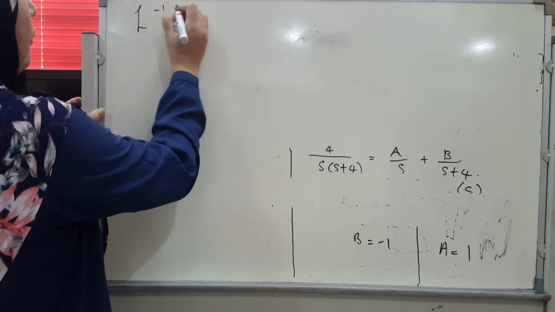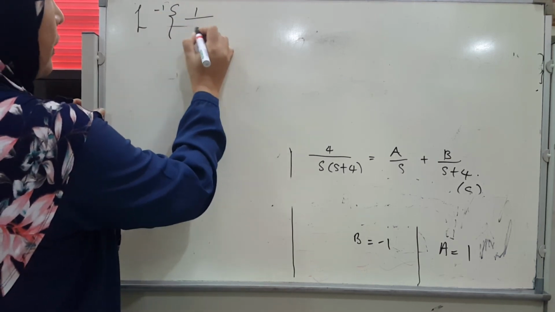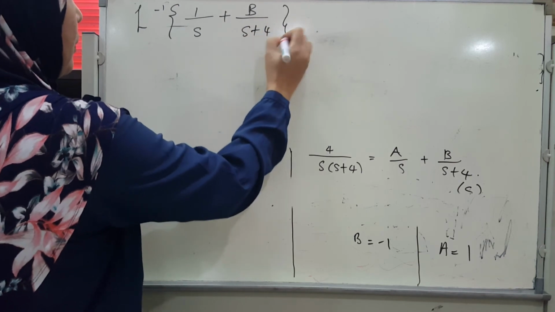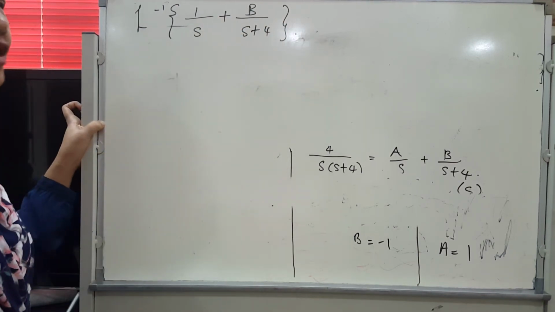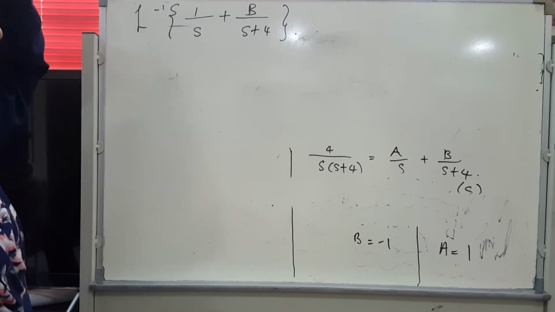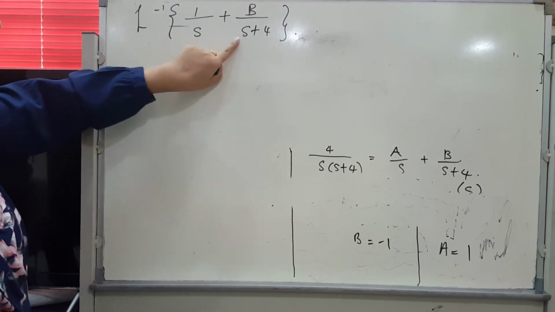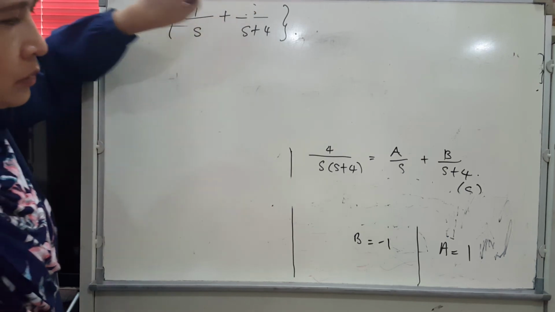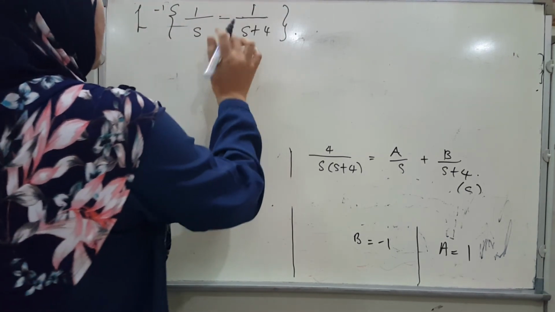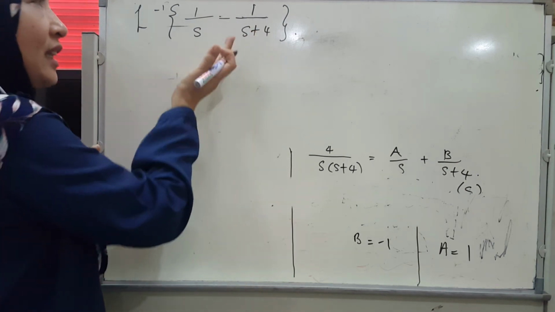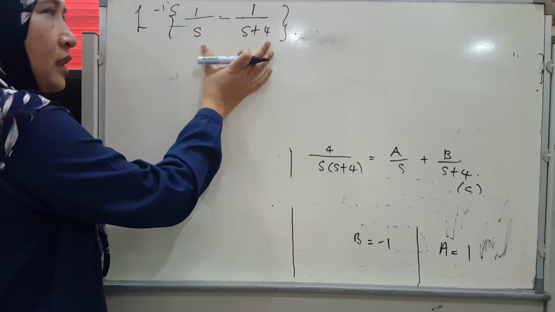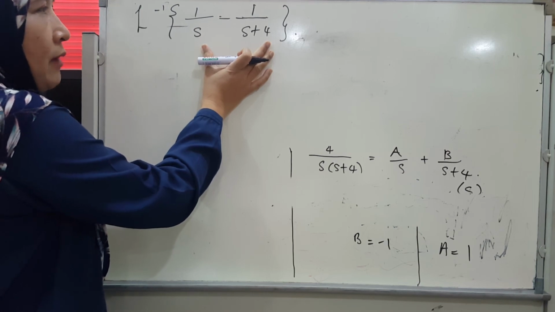So we now inverse 1 over s plus B over s plus 4. Now the function that we have just now is in partial fractions. So B equals negative 1, right? Okay, so now the functions are ready for the inverse Laplace.